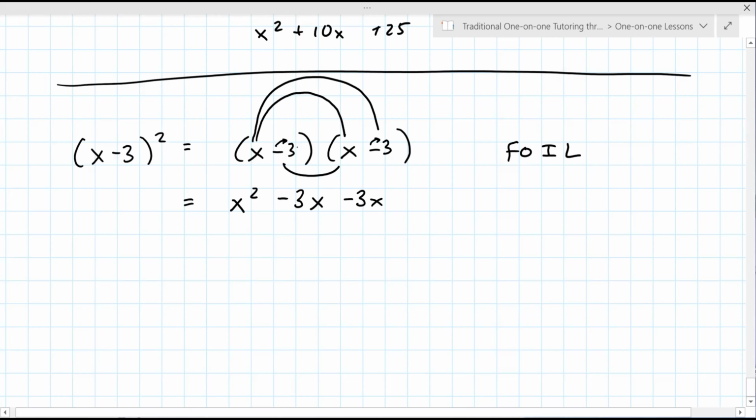And then the last one is a negative 3 times a negative 3, which is positive 9. These don't cancel, they're both negative, so they just combine. Negative 6x plus 9. Okay, so try this one on your own, please. Let me know when you get your final answer.